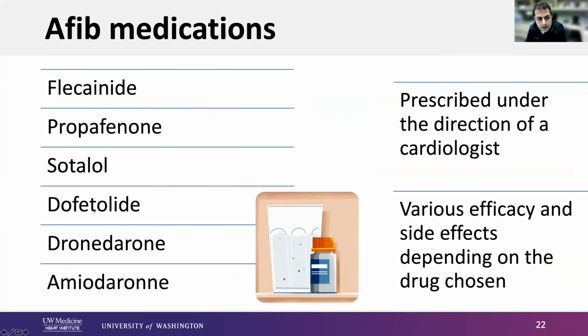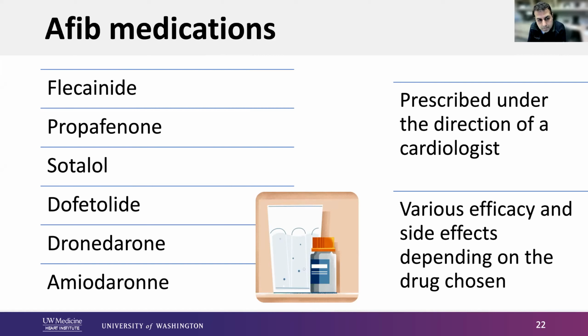So I have a list here of the different medications that are used to suppress atrial fibrillation. This is just information only, and just a couple of words about them, that they're usually prescribed under the direction of a cardiologist, and most commonly actually not just a cardiologist, but an arrhythmia specialist or a cardiac electrophysiologist.